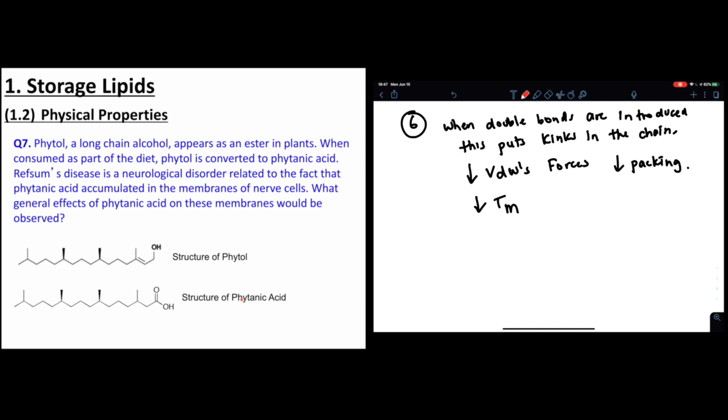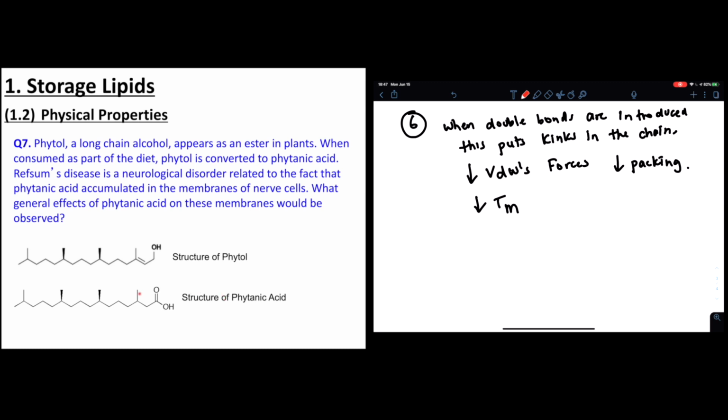So this was actually featured in House. It's a TV show, right? There was a person in this episode where he consumed a lot of plant material, and he got this really big buildup of phytanic acid, and it caused destruction to the nerve cell membranes in his olfactory part of the brain, and therefore he wasn't able to smell properly.